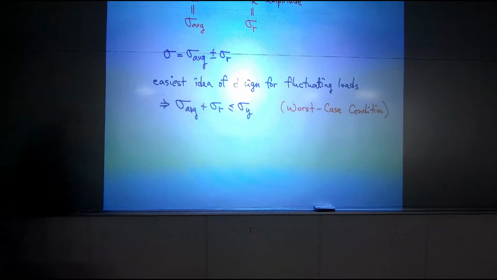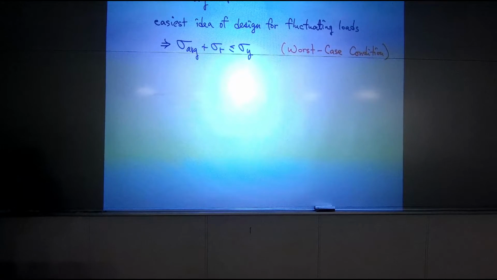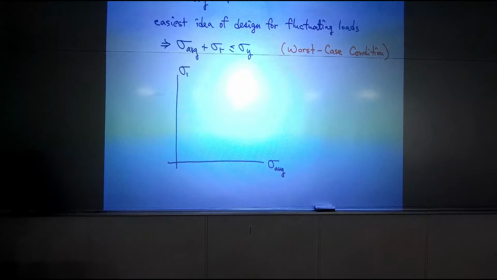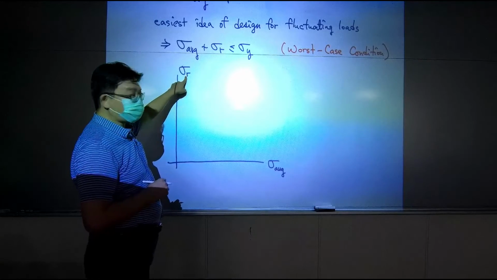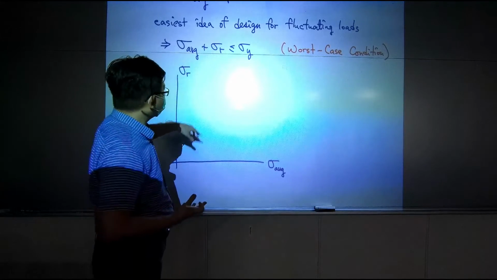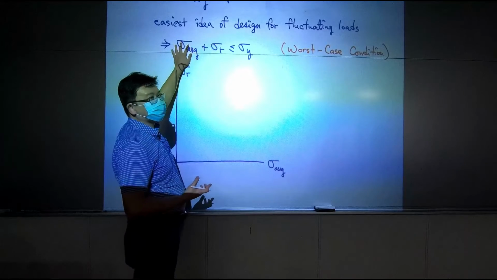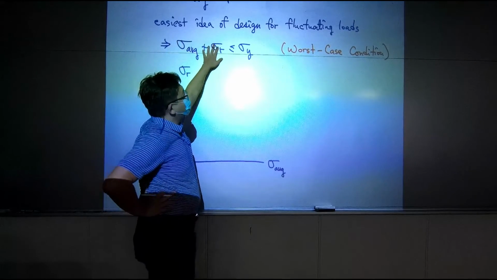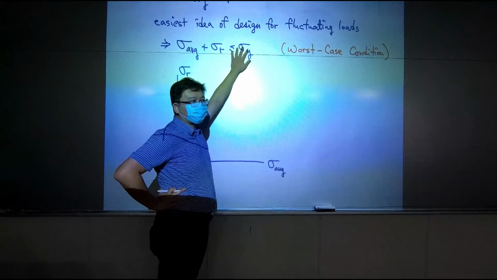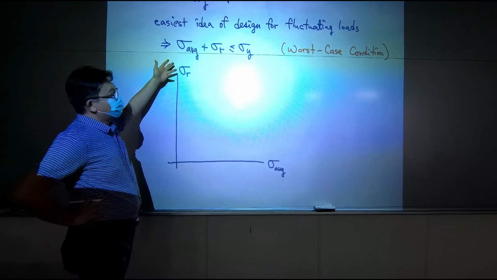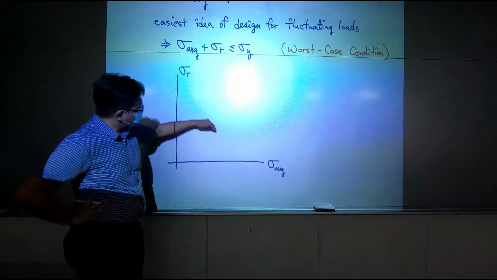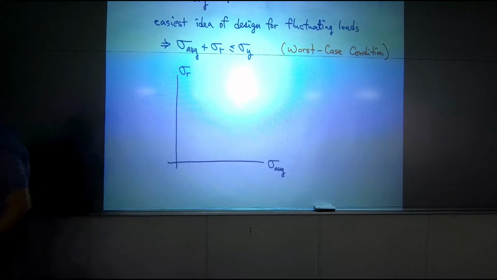So let me show you what's happening. This is your average sigma. This is your range sigma. Basically, you treat this one as y, this is x. So it's like x plus y must be smaller than some number. And try to draw a line.